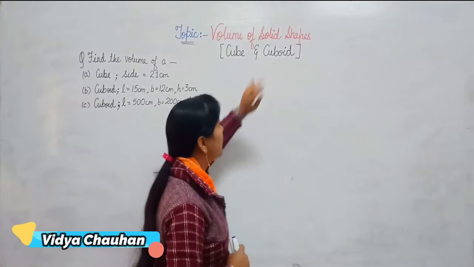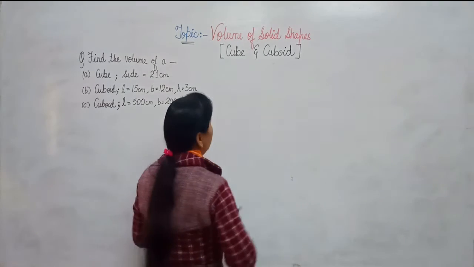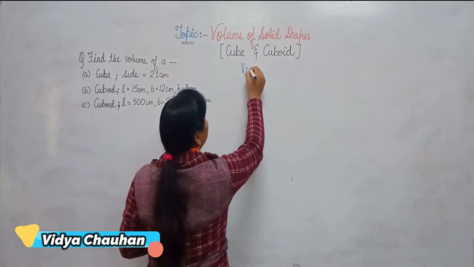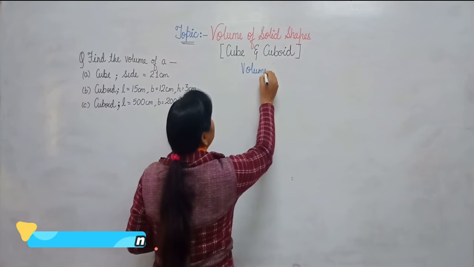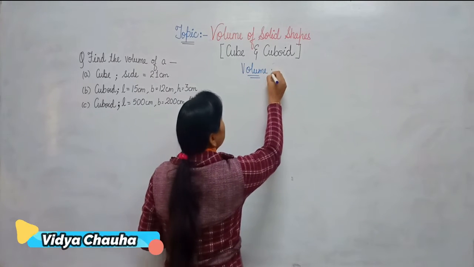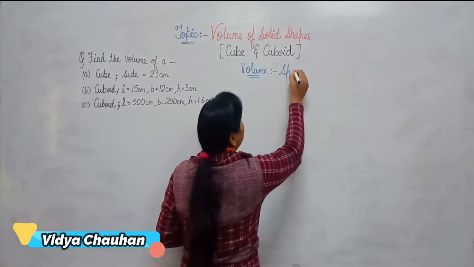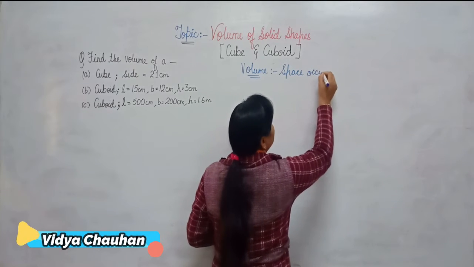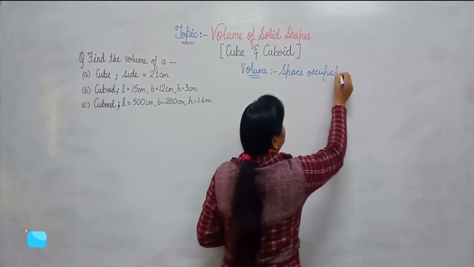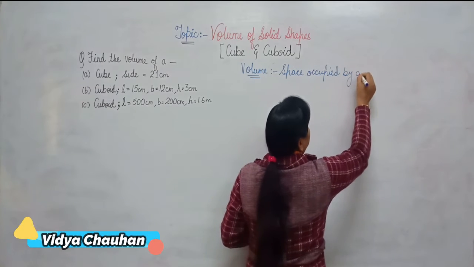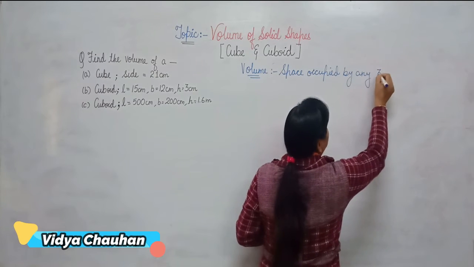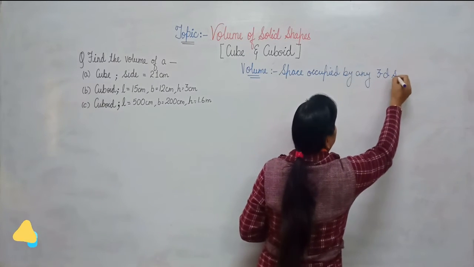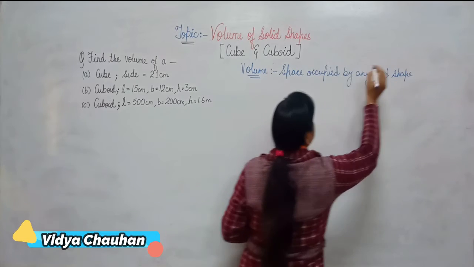Right students, so let us very first discuss volume. So what is volume? Volume is actually the space occupied by any 3D, or you can say three-dimensional shape.